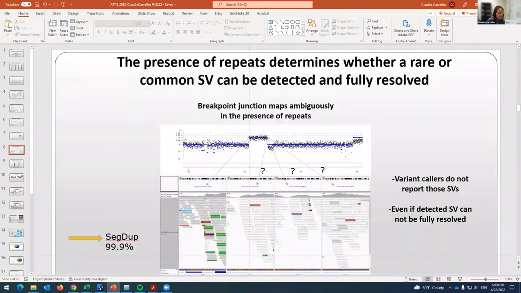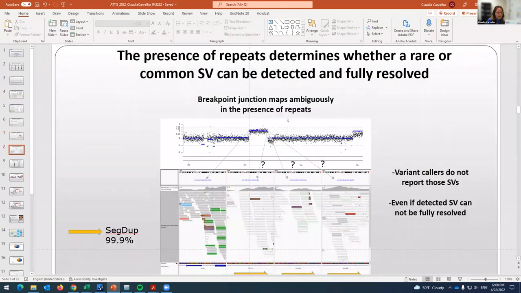However, another patient had an apparently simple duplication as well. When we investigated the breakpoints, one of the breaks we could see easily by split reads. However, the second breakpoint mapped to a segmental duplication.